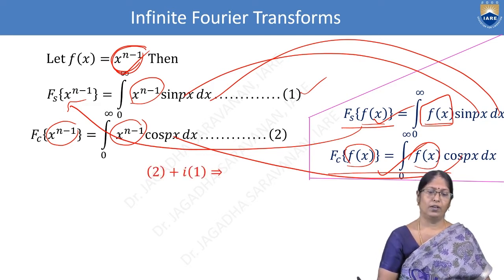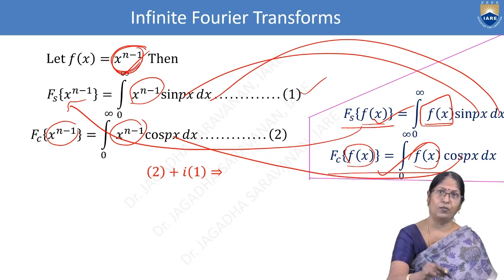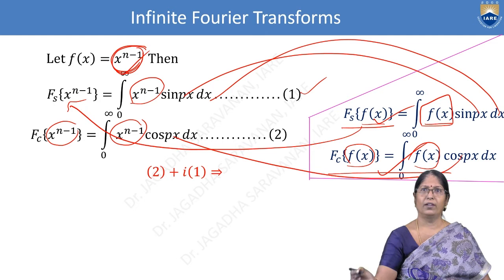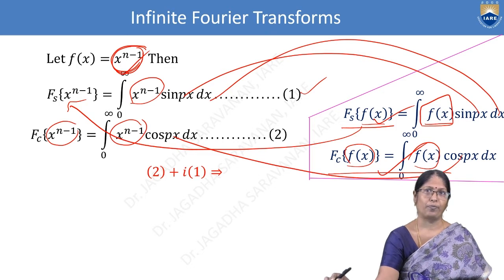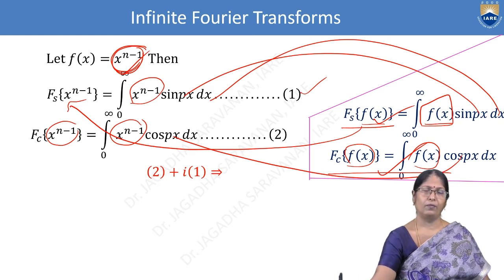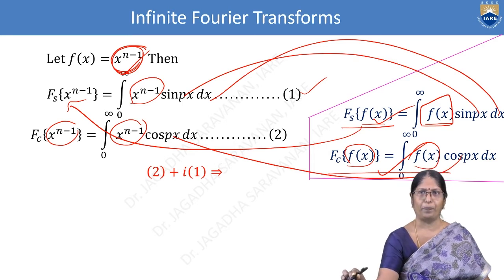Now, the question is, this is the function. For this function, we are asked to do Fourier sine and cosine transform. Instead of doing separately, we decided to combine these sine and cos. We are going to take the problem solution in a different way.